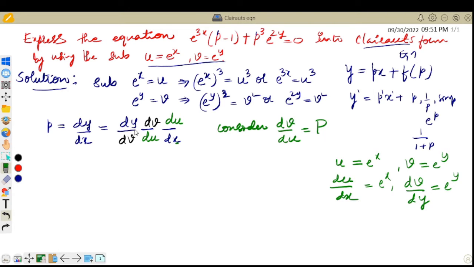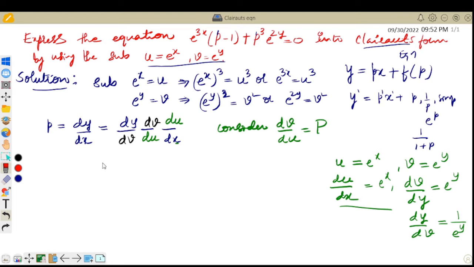Look here, we want du by dx. Du by dx is already here. I want dy by dv. We have dv by dy, in the reverse order. So dy by dv is equal to 1 by e raised to y. Okay, so now let us substitute here.